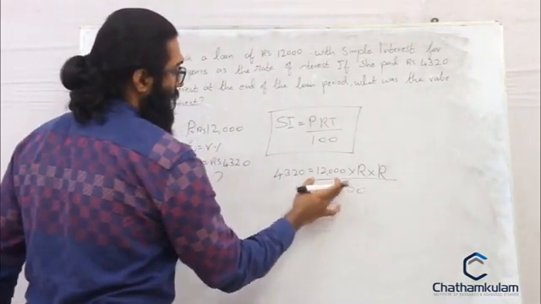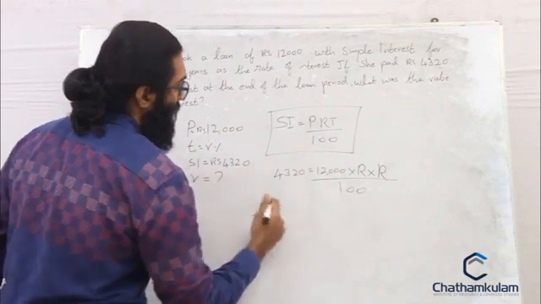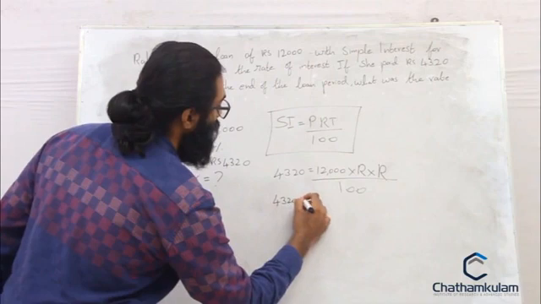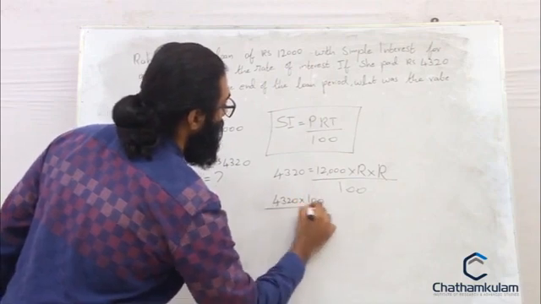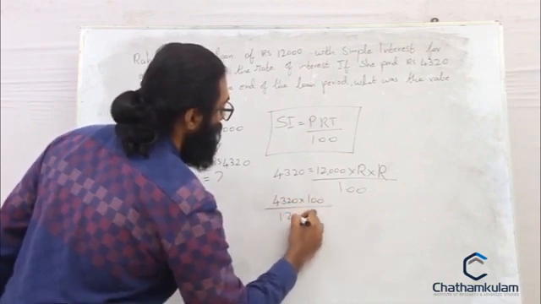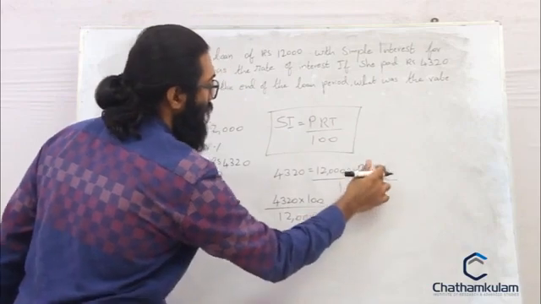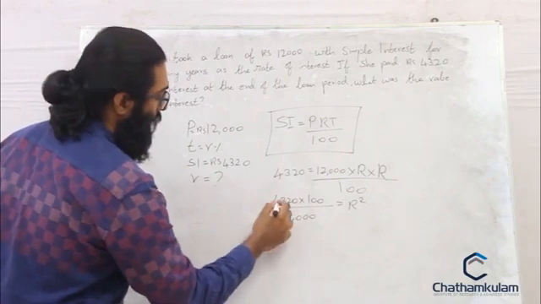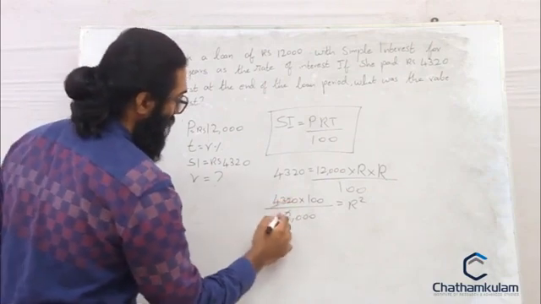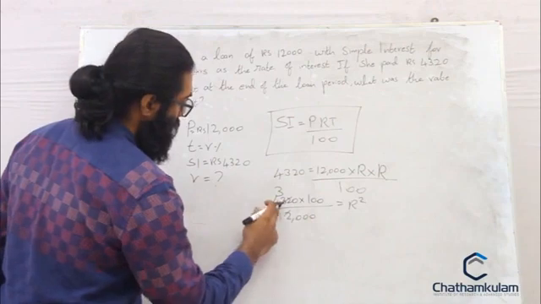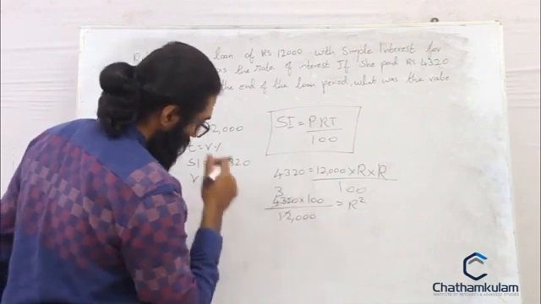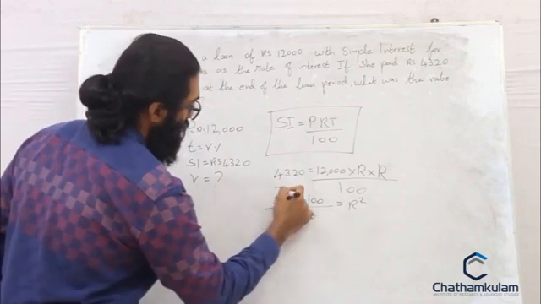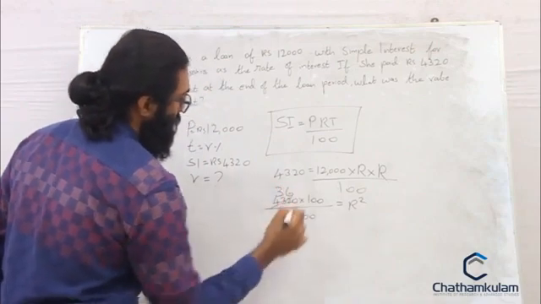Therefore, we bring the 100 and 12,000 to the left hand side. So we get 4320 into 100 whole divided by 12,000 is equal to R into R, which is R square. So we cancel 12 and 432. We get 36.